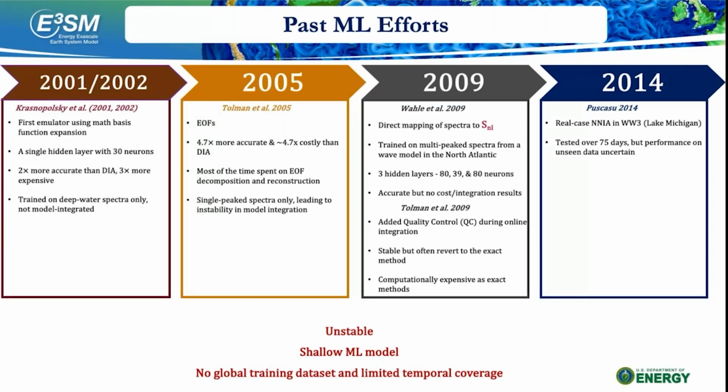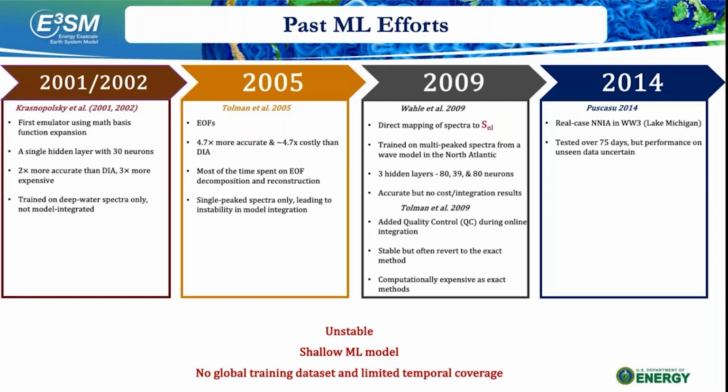They just assumed a parametric training set or just a particular location like a lake, and also had limited temporal coverage, considering just one month. So we'll be doing many things differently, and we show how we obtained the first stable nonlinear interaction ML model.